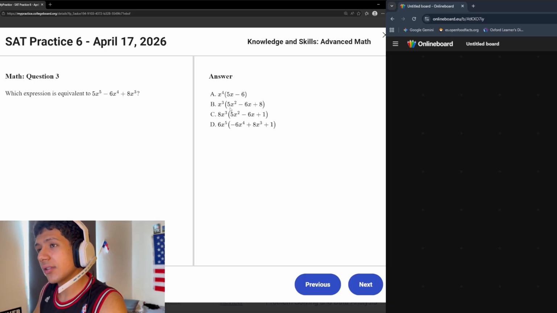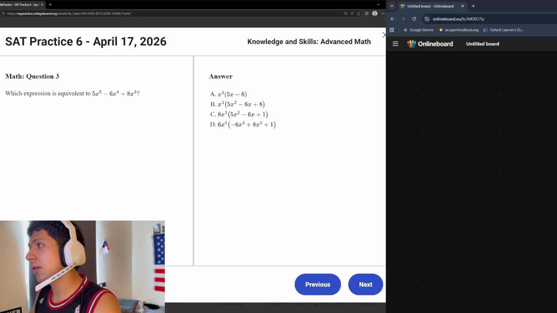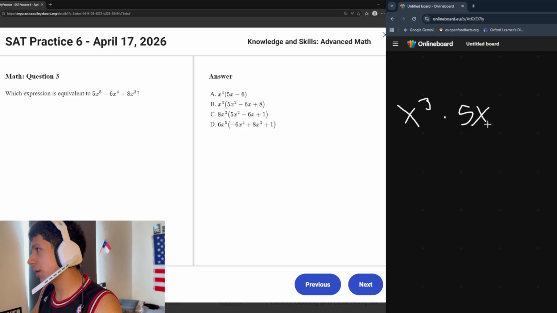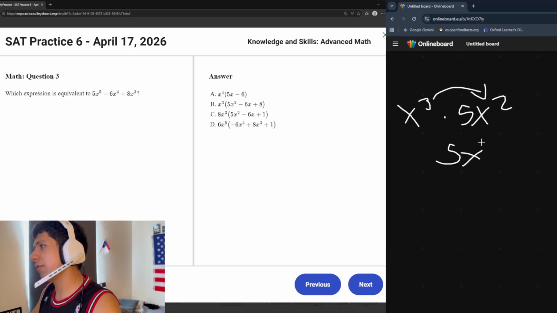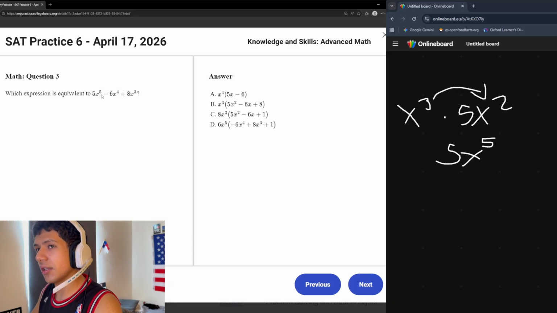x cubed times 5x squared will give you 5x, but the exponents add, so now you have 5x^5, which is what's in here, right?